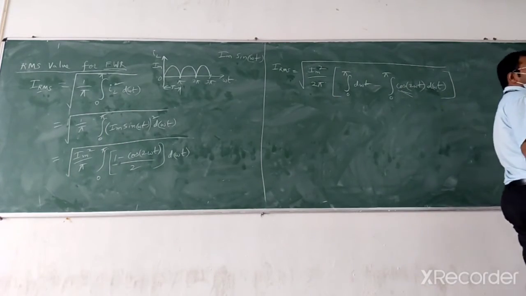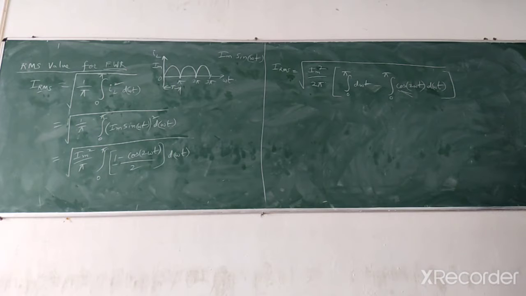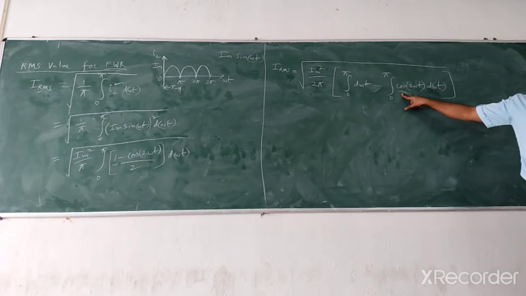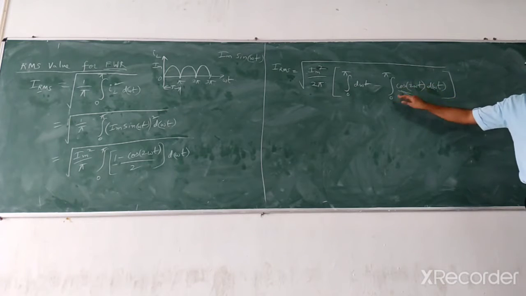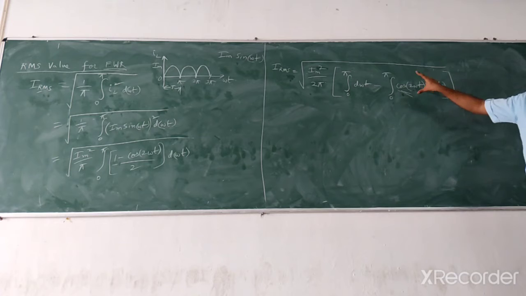Integral cos is how much? Sine. It comes in terms of sine, so you will get a sine here. When we substitute the upper limit, sine 2 pi, and the lower limit, sine 0, this entire term will simply become 0.